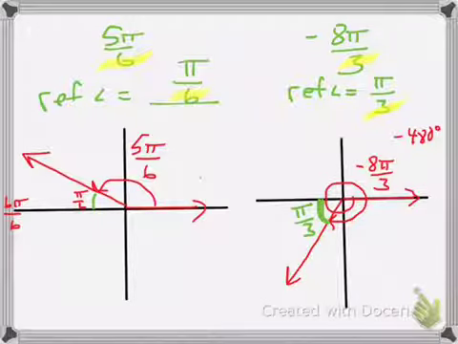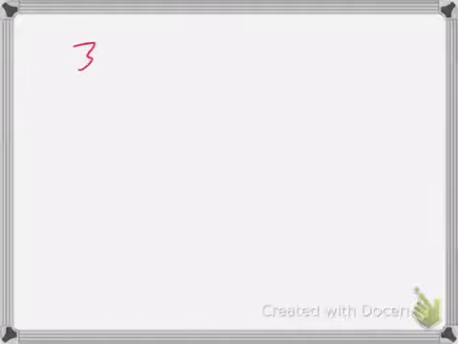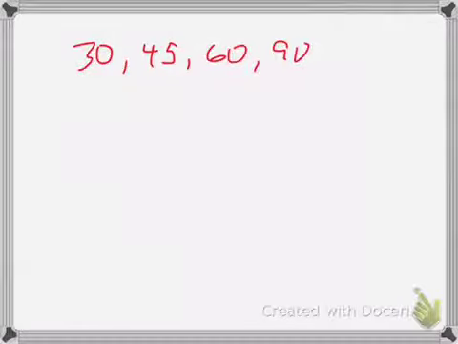And what's the significance of those? What's pi over 2? 90 degrees. Pi over 3, 60 degrees. Pi over 4, 45 degrees. Pi over 6 is 30 degrees. So the angles that we're talking about there are 30, 45, 60, and 90. Those are the angles of our special right triangles, 30, 60, 90, or 45, 45, 90.